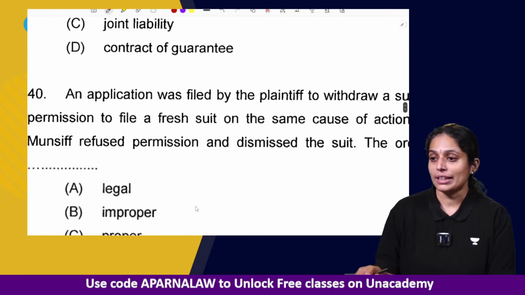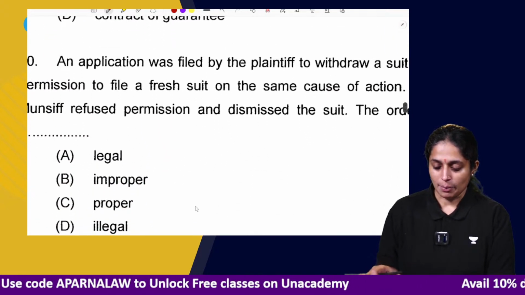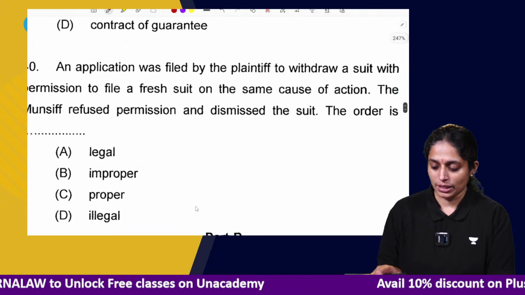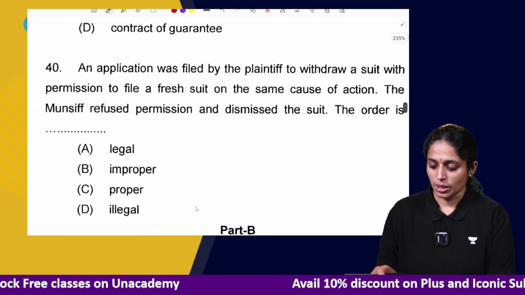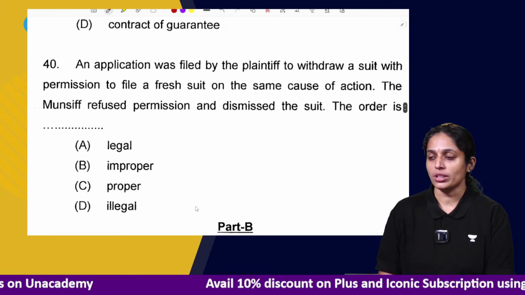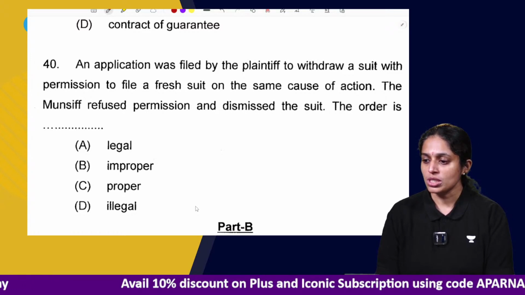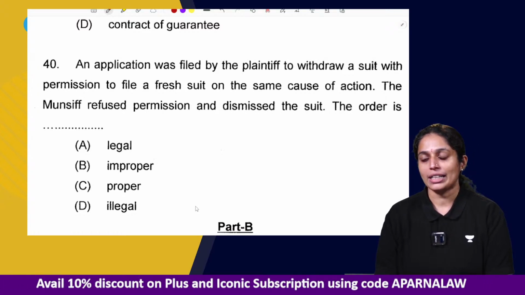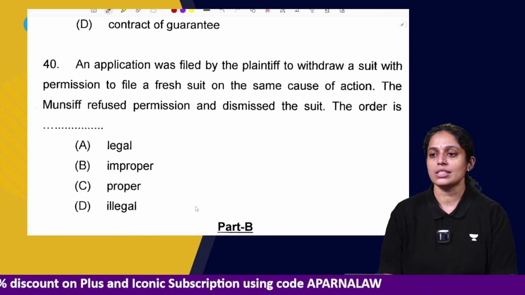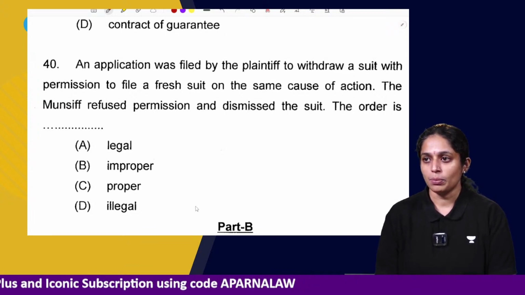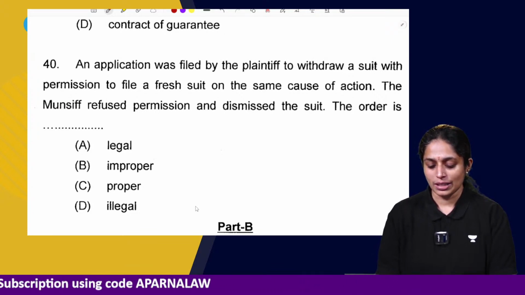And the last question in part A. An application was filed by the plaintiff to withdraw a suit with permission to file a fresh suit on the same cause of action. The munsif refused permission and dismissed the suit. The order is: legal, improper, proper, or illegal.